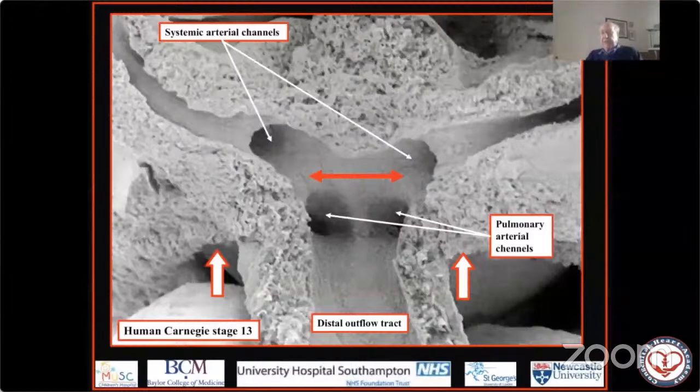So that is what I mean by plugging in. It is the way that the aortopulmonary septum fuses with the outflow tract cushions, and then whether we have a parallel or a spiraling arrangement will depend upon whether those outflow cushions themselves are parallel or spiraling.